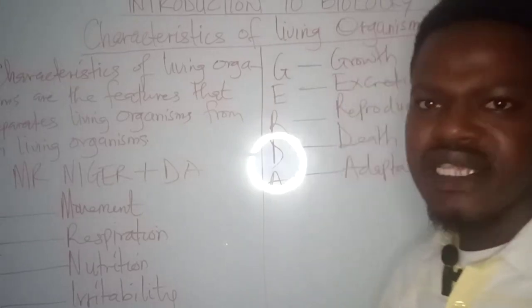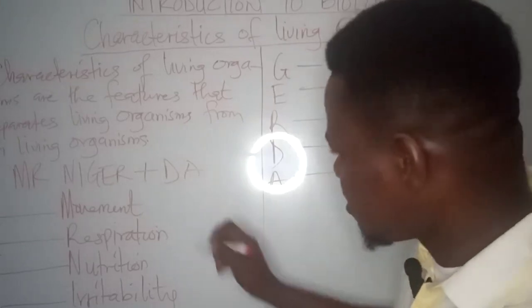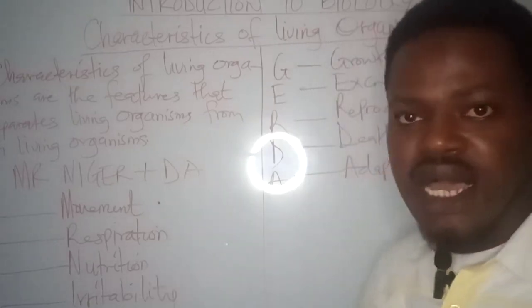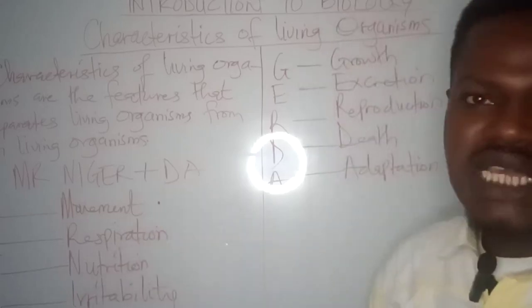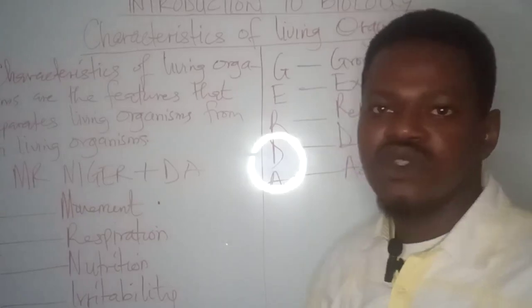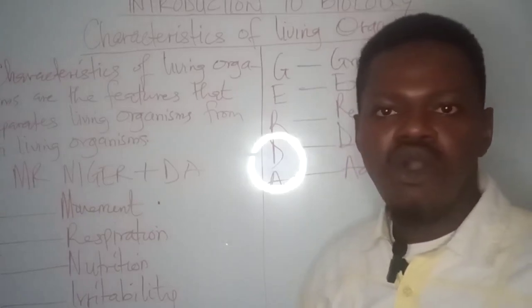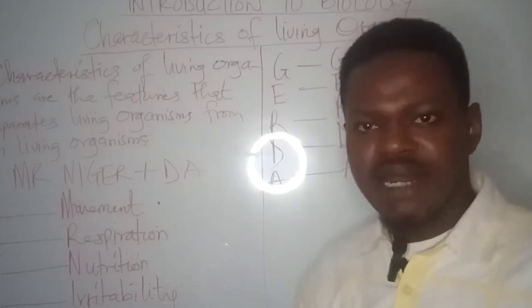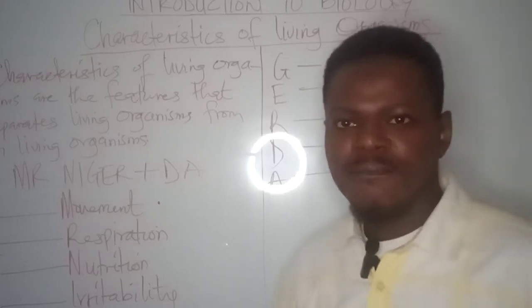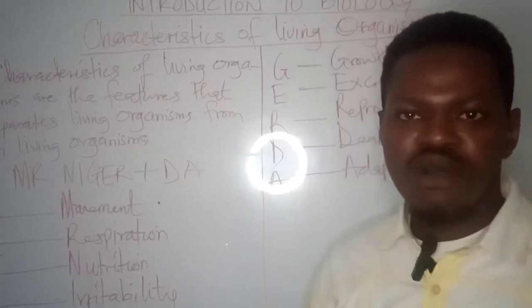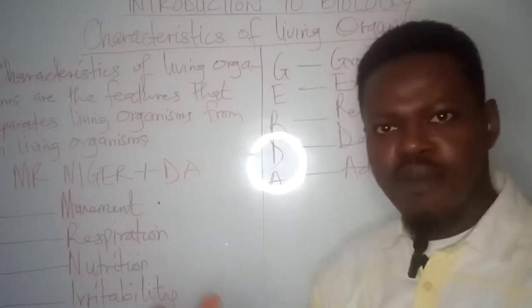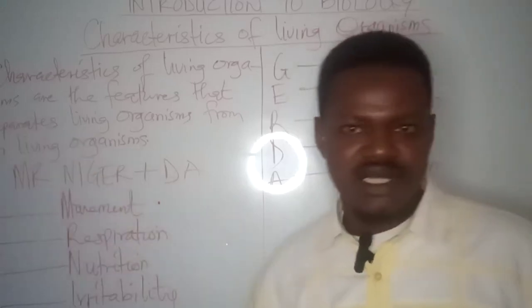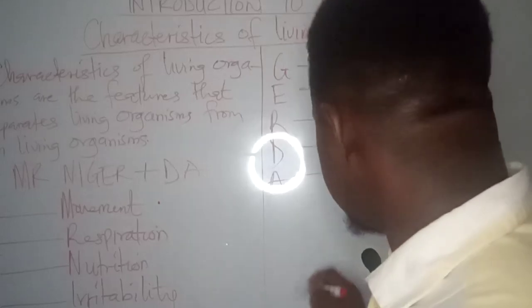All right, the first characteristic we shall be considering is movement. And so biologically, what is movement? Movement here refers to the ability of living organisms to move parts of their body or their whole body from one place to another. Usually, animals are motile in nature, and they are often able to move from one place to another for several reasons, one of which is to search for food.